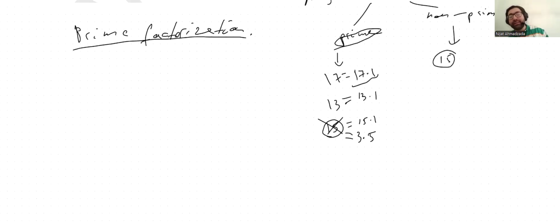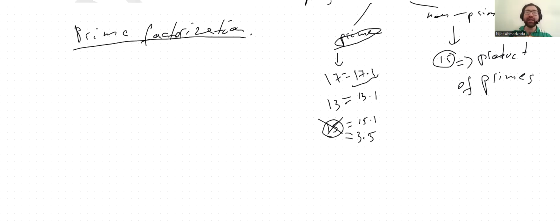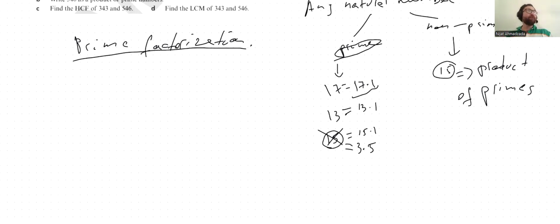But if you are non-prime, then I can show you as a product of primes. So what does it mean? We can imagine every number as a product of primes, as something we get as a result by using the primes.